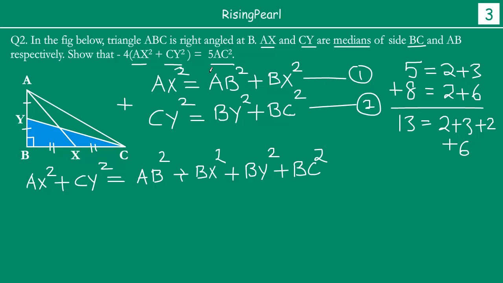So simply if you add an equation, you have to add the terms on the left side, which is what we have done here, equal to all the terms on the right side.